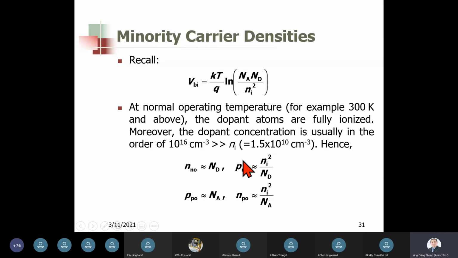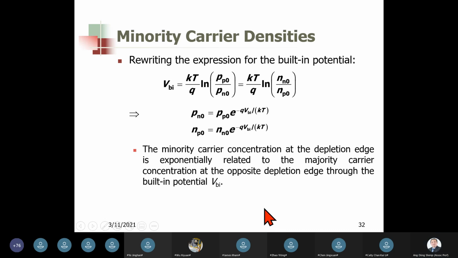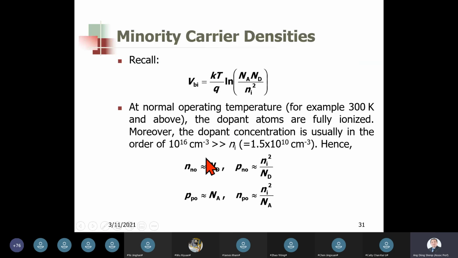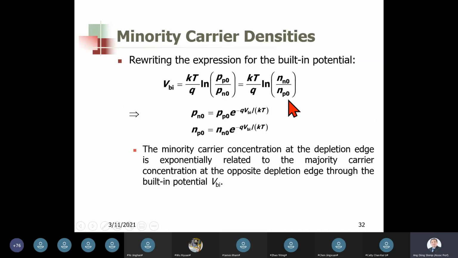Now, the respective minority carrier concentration can then be calculated based on the law of mass action. With this understanding, we can therefore replace NA and ND in this expression with the respective majority carrier concentration.